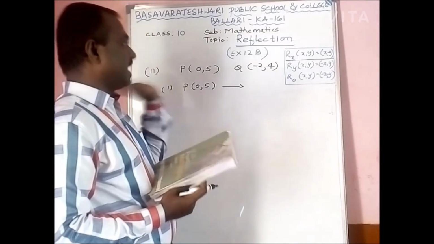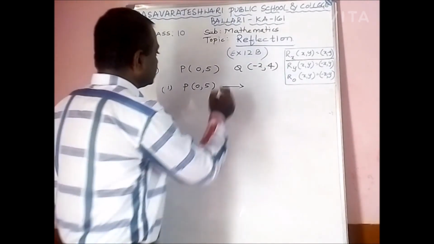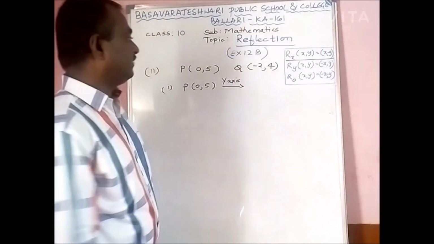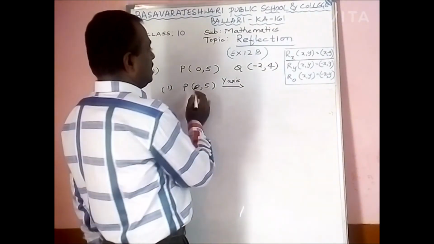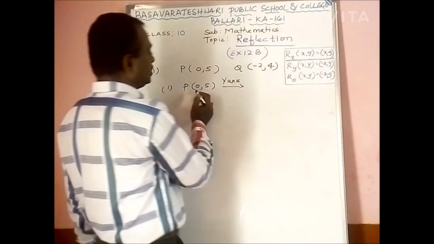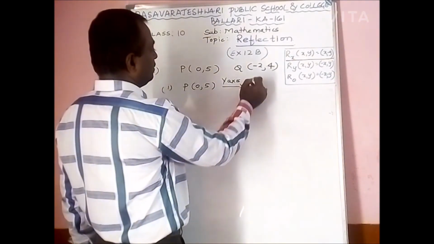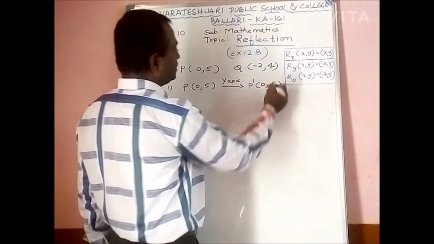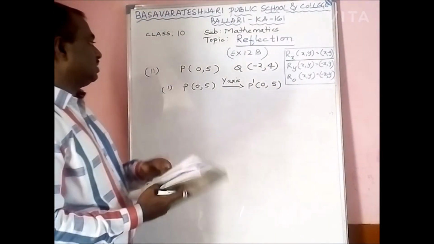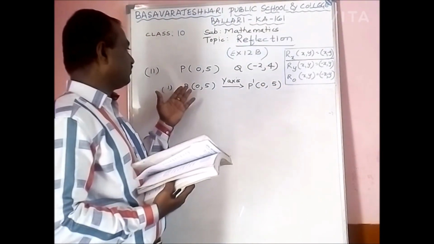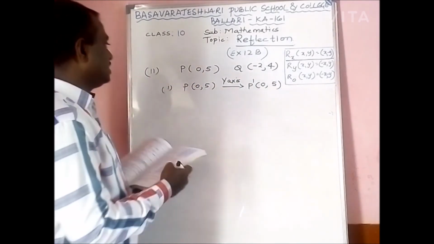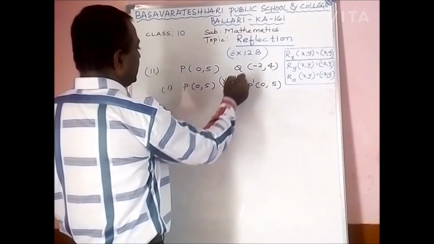If I take the y axis, what happens? Reflected in the y axis, minus x, that is nothing but 0 only. So 0, 5 it is. Because with 0 no sign can be applied, therefore it is invariant under the y axis. So the answer is the y axis.